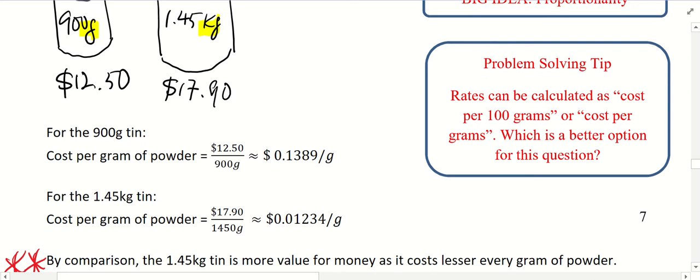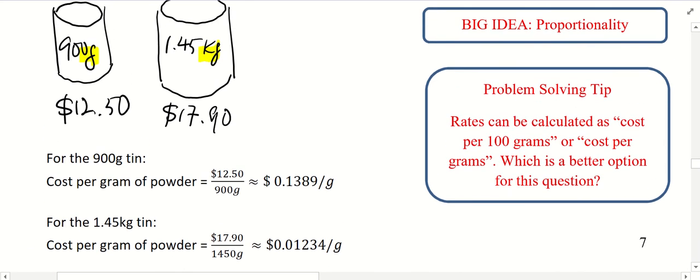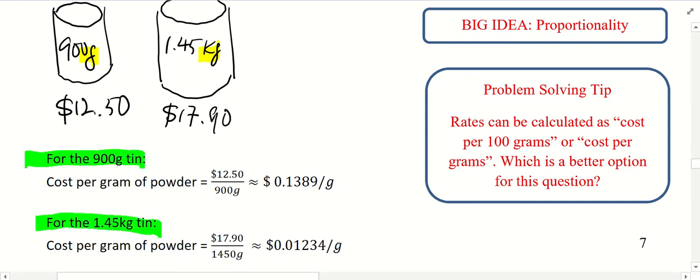Let me find out how much it costs for 1 gram of powder for both cans. How do I do it? For the 900-gram tin, please take note of how I present the answer, because you need to differentiate for the examiner. You need to tell your examiner which can you are referring to.